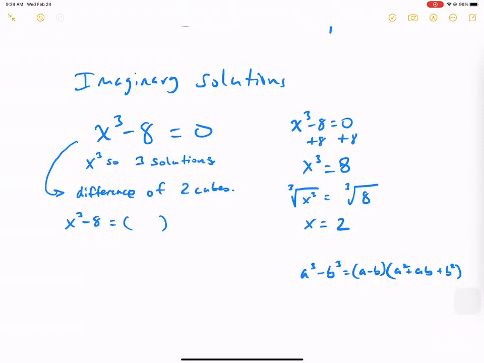Okay, so this is something that we did for homework. This is something that we worked on for like 2 days. So since A is equal to X and B is equal to 2, we have X minus 2 in the front, leaving me X squared plus 4 in the back, right? Because 4 times 2 is 8. And in the middle is just going to be combining 2 and X together.